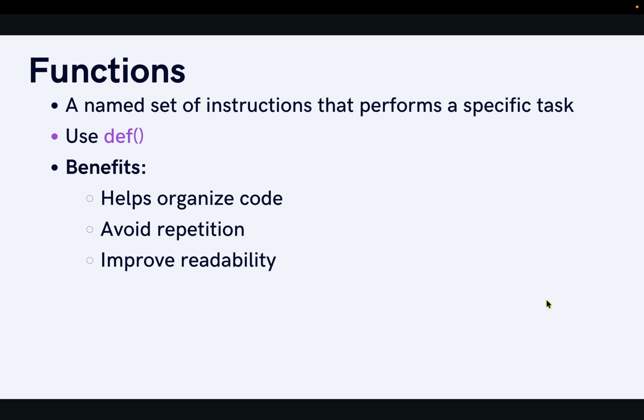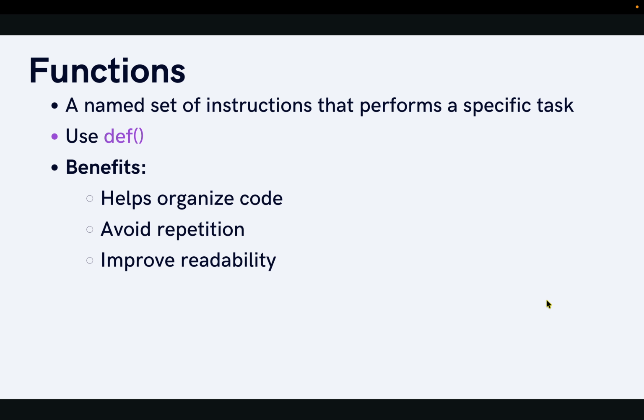All right, functions. Functions are a very useful thing inside of Python. A function allows you to perform a specific task by combining various lines of code together so you can run them, which again will make sense in the example. Functions are used to help you organize code and avoid repetition.